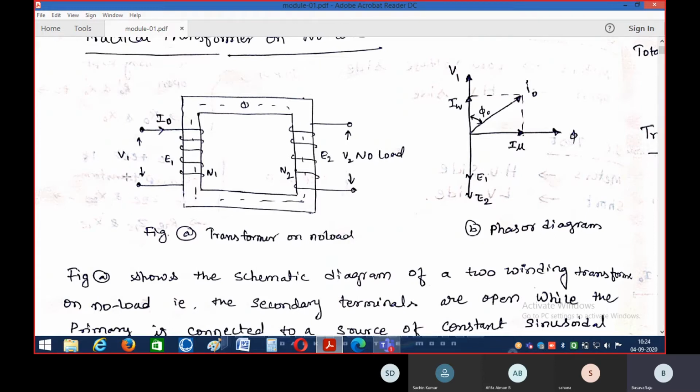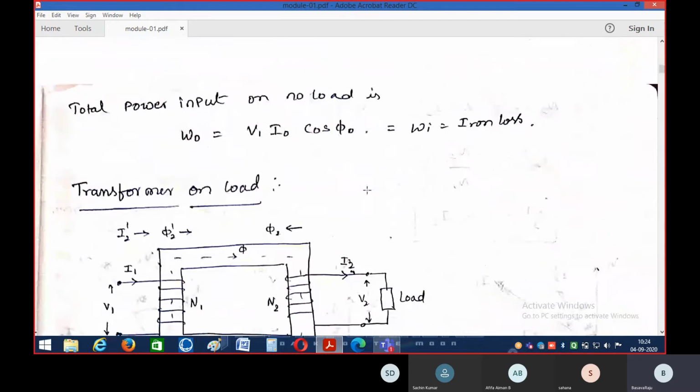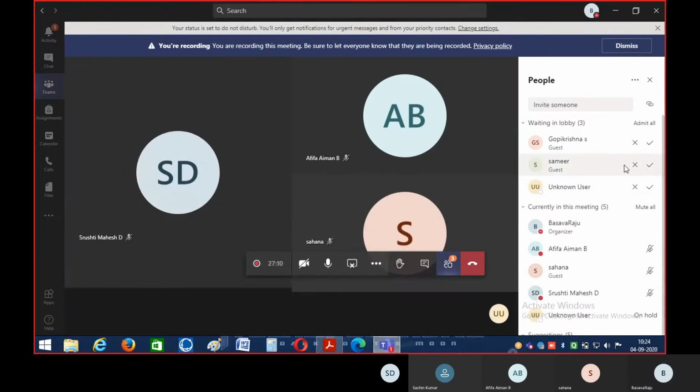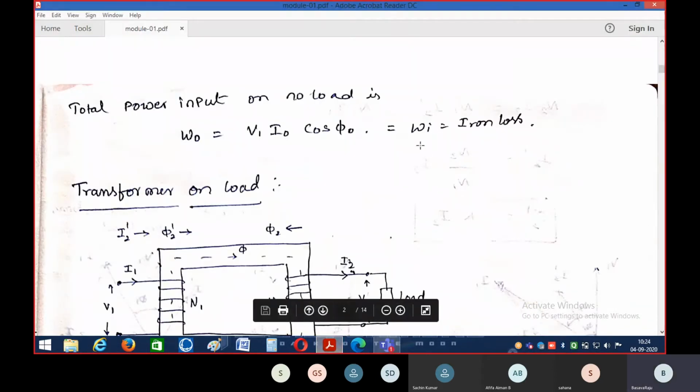The input voltage is V1, the input current is I naught, and the no load power factor is cos phi naught. So the input power is V1 into I naught into cos phi naught, which is equal to Wi.